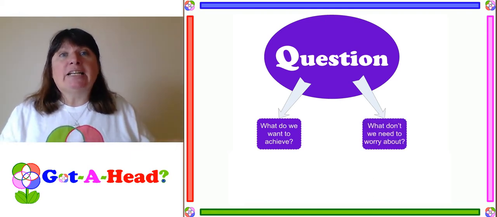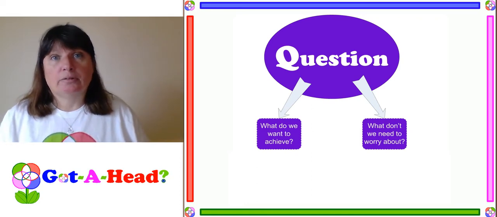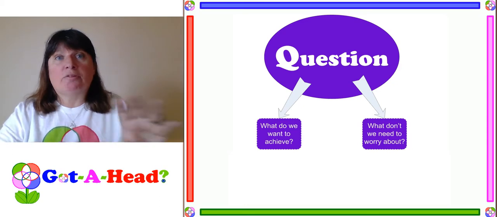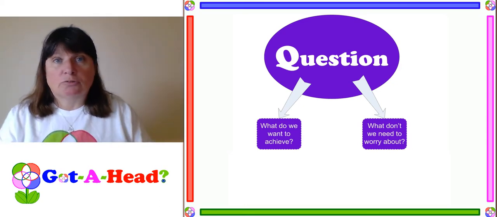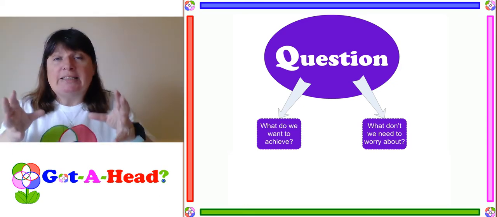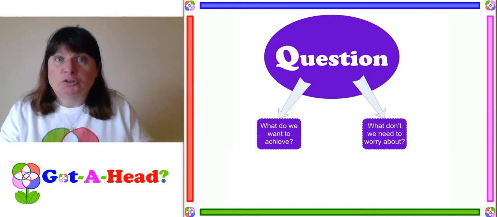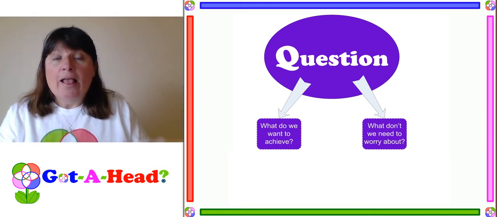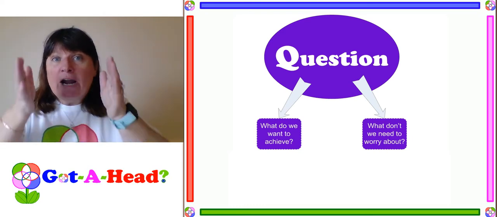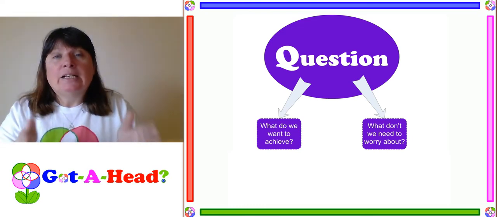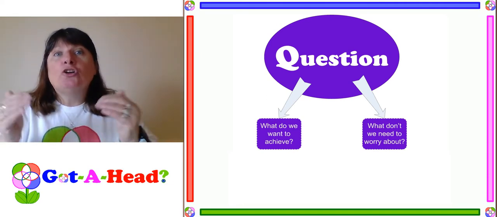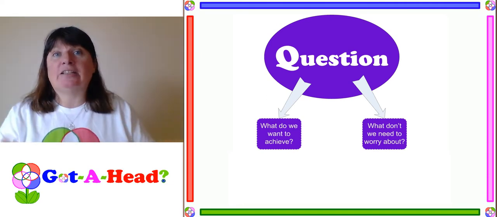There are sometimes things that you don't need to think about. So we don't want you to waste your time thinking about non-essentials, wandering off and spending time that you might not have a lot of, thinking about things that you don't actually need to consider at all. Because, as I said before, it's creative QWERTY, but it's also effective QWERTY. It's efficient. You're using your time to best advantage.